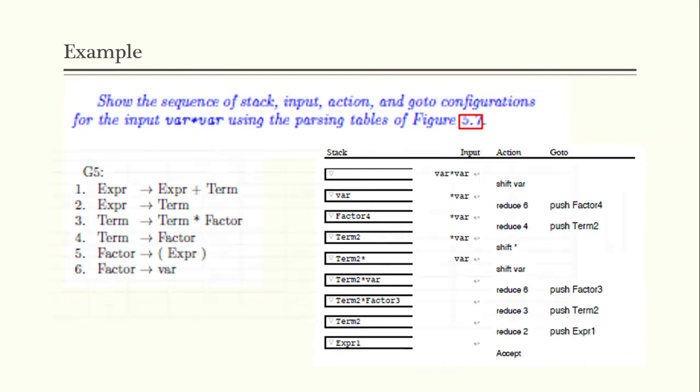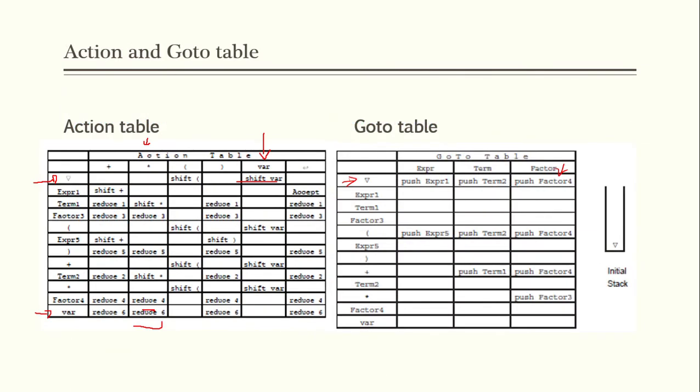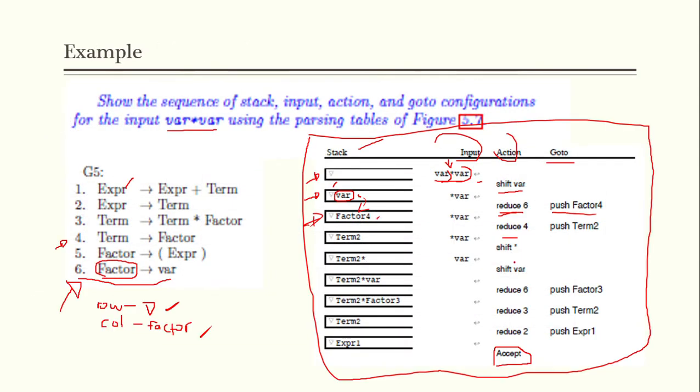So go back to your action table. Factor 4 is your row, and your column is star here. What it indicates is reduce. The operation that you need to do is reduce 4. So write down here reduce 4.